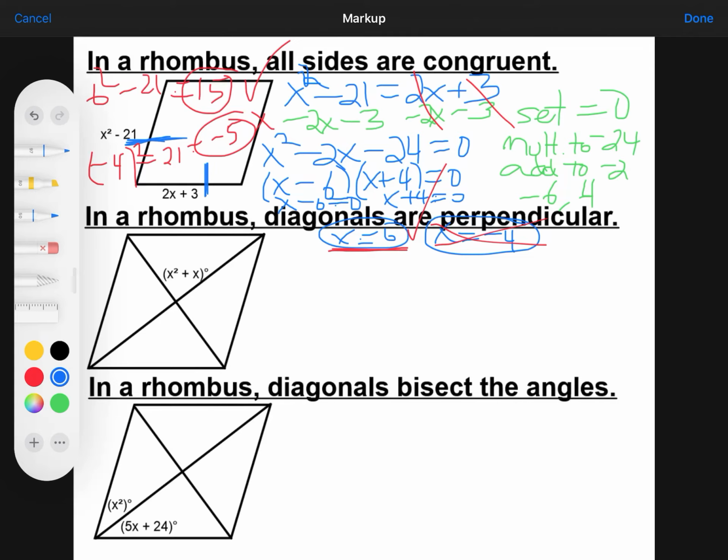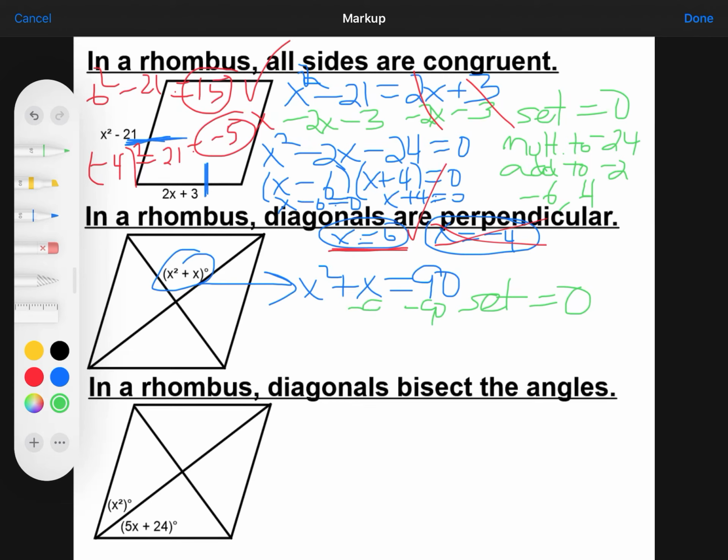All right, next thing, diagonals are perpendicular. What does perpendicular mean? Perpendicular means the two lines form a right angle. What does a right angle mean? It means an angle is equal to 90. And we always set these problems with an x squared in them and an x in them and a number in them equal to 0.